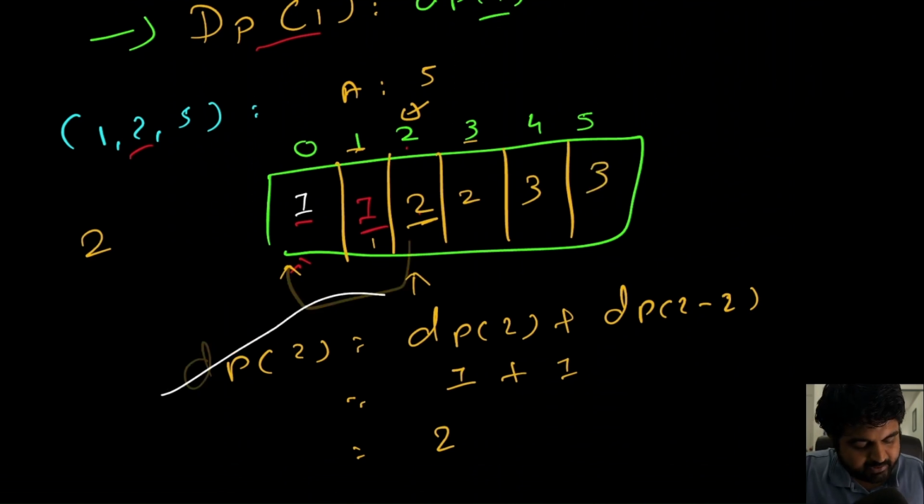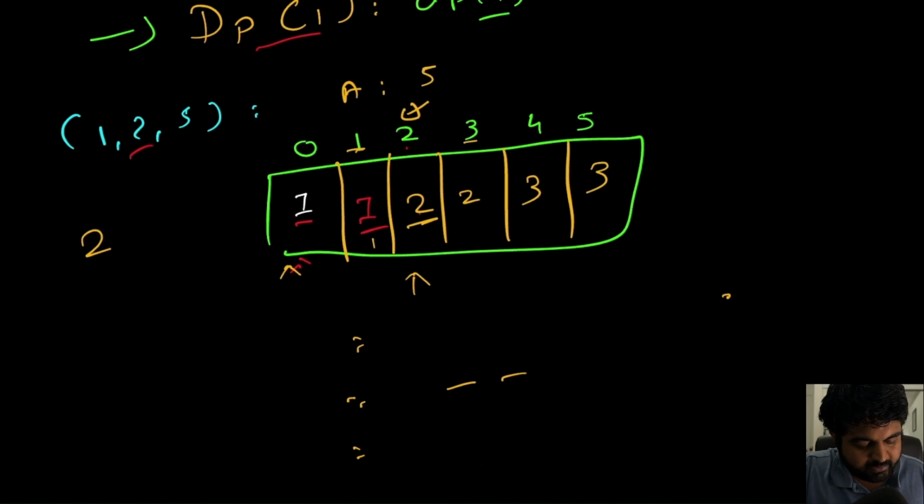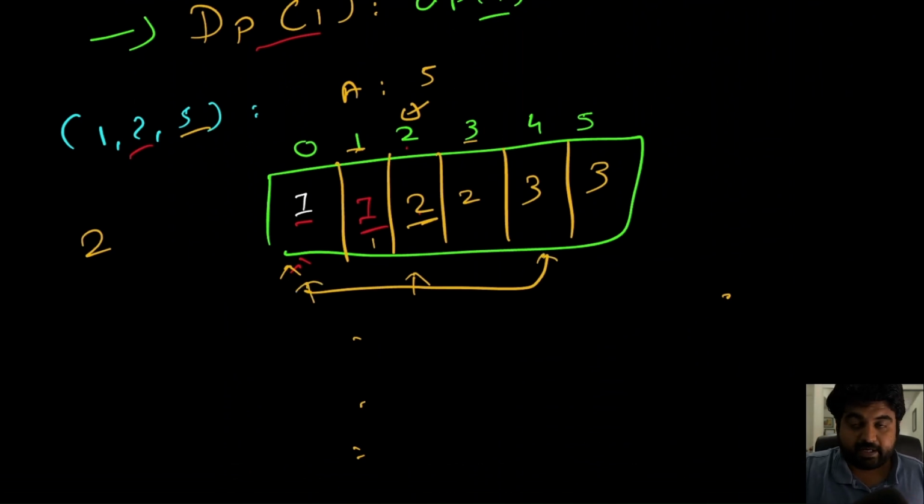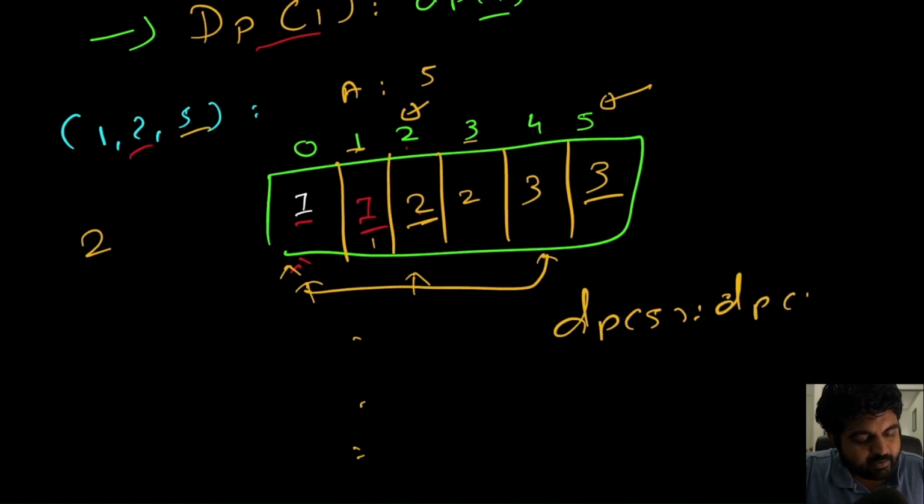Now we are bringing in the value number 5 into the equation. Coin 5 would not impact all of these results up until this point, because we cannot add 5 for anything, but we can add 5 for this value. So what is going to be the equation for dp of 5? This is going to be current dp of 5 plus dp of 5 minus the value of current coin.